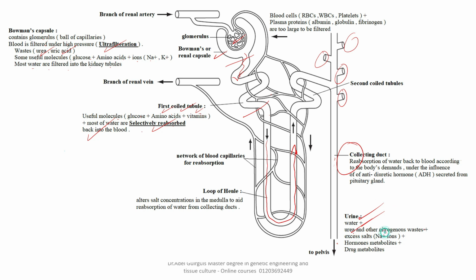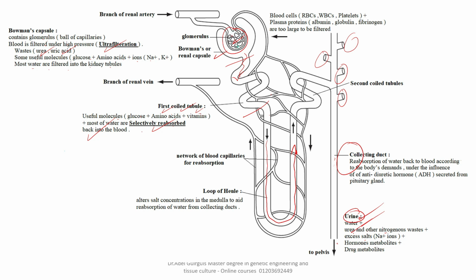Most nitrogenous waste like uric acid is excreted also, and excess salts like potassium ions and sodium ions. Hormones, metabolites, and drug metabolites, medicine metabolites, are all excreted in urine.